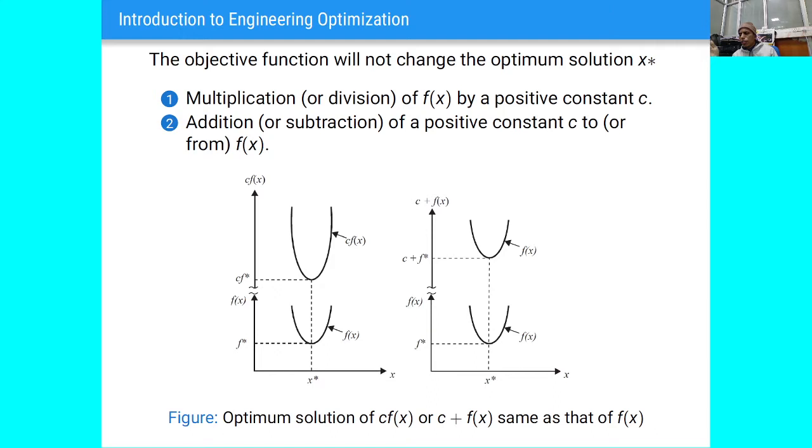It is well known in the public domain that the techniques which are taught under engineering optimization or under operations research were developed during the period of World War for military applications.